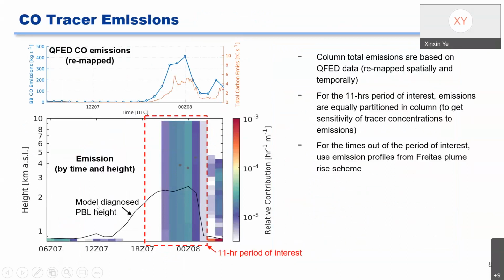And then for the tracer emissions, in the 11 hour period of interest, the tracer emissions are distributed vertically and evenly at each level. So the strength of the emissions at each level is consistent. And for the times out of the period of interest, we use the emission profiles from the default plume rise scheme.